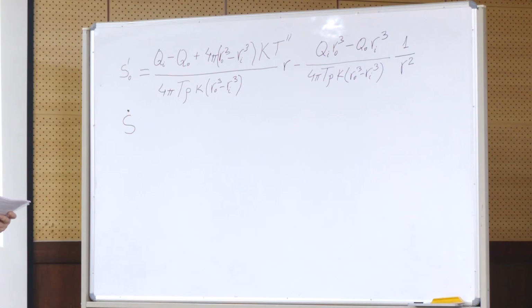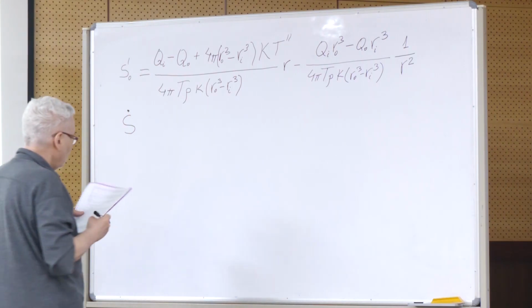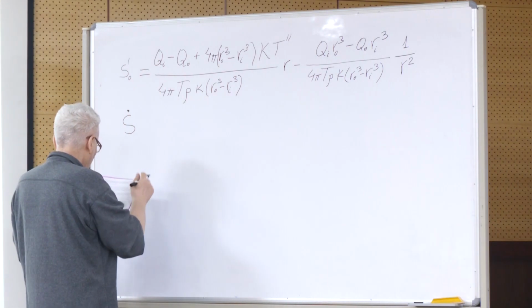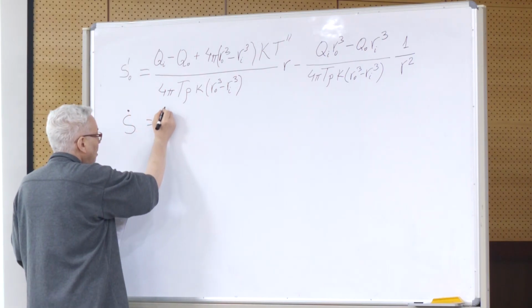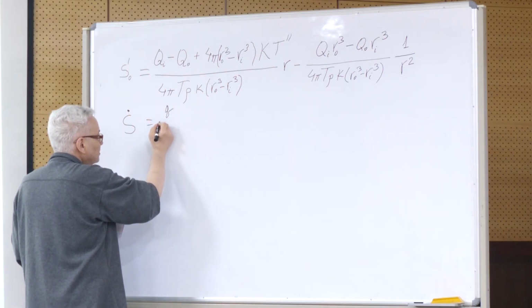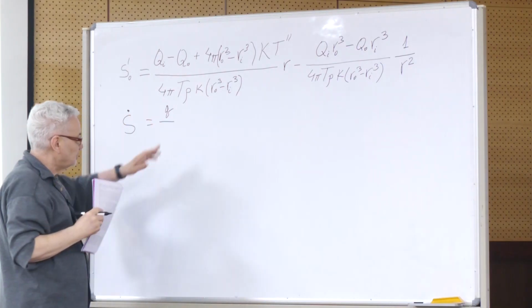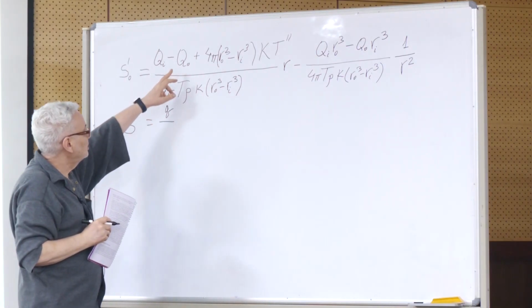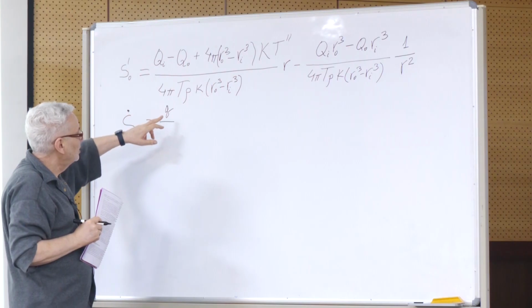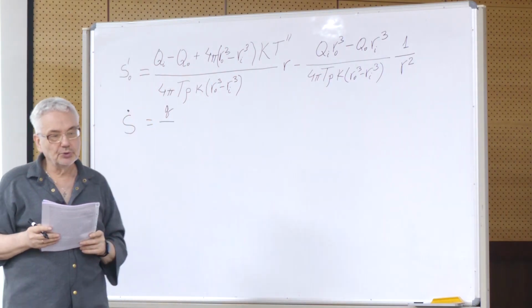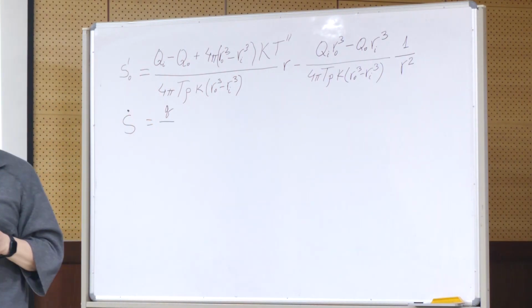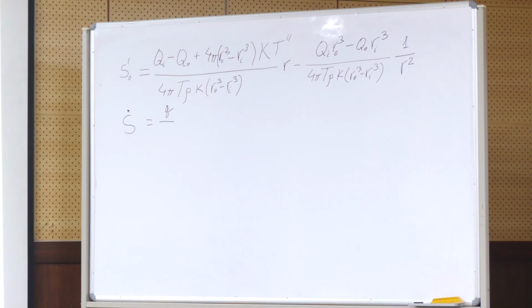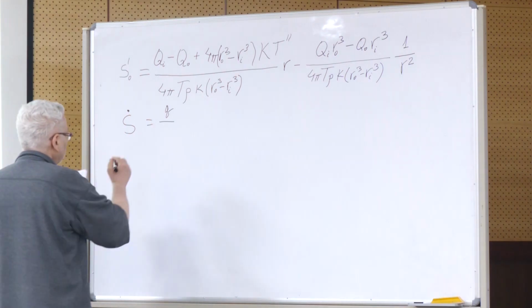This is related to the time derivative of the total entropy, and it depends on the total heat flux, normalized heat flux, which is not this heat flux, but a similar heat flux, which is actually responsible for the radiative cooling, for example. And it works like that.